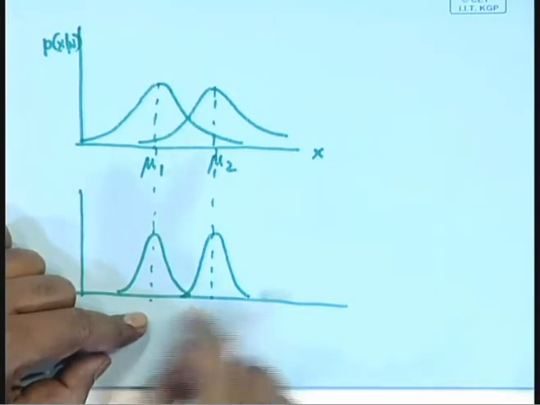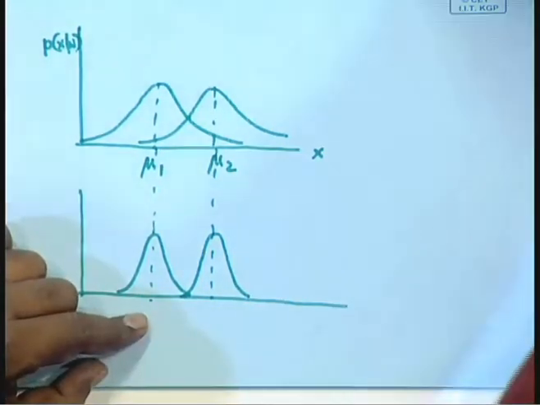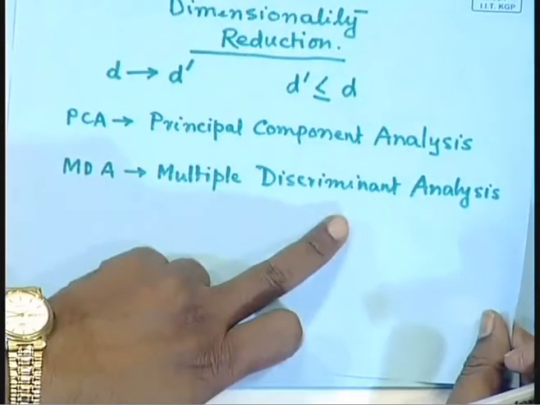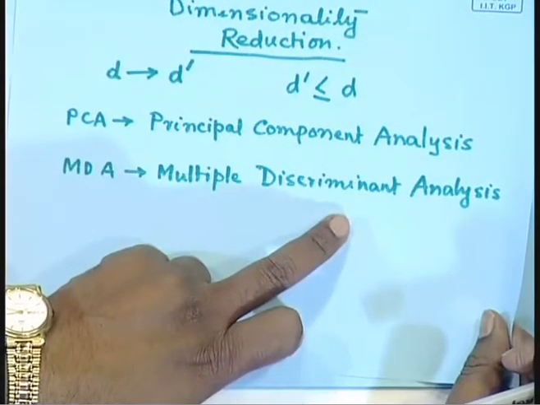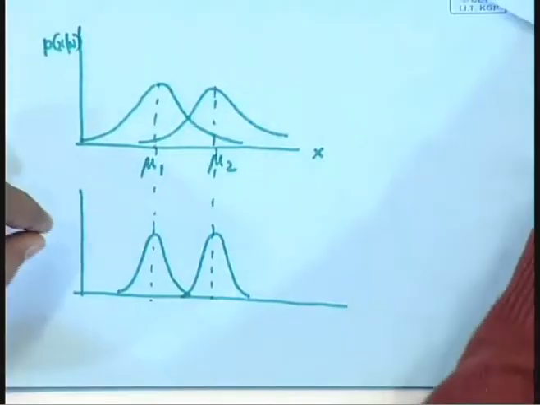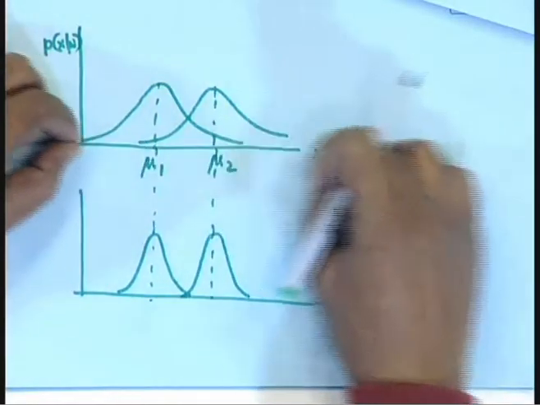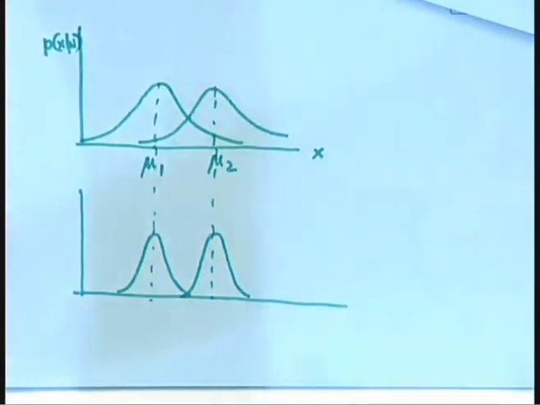So, this MDA approach, or multiple discriminant analysis, tries to increase the distance between the means, that is the interclass scatter, and at the same time it tries to reduce the within class scatter, or the variance of the feature vectors in the projected space.